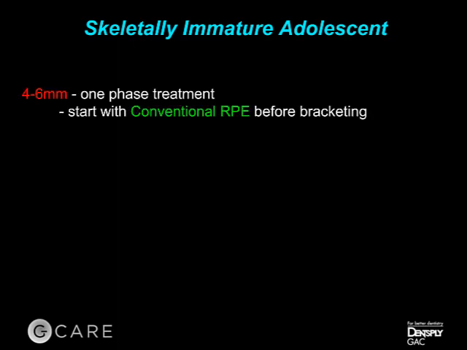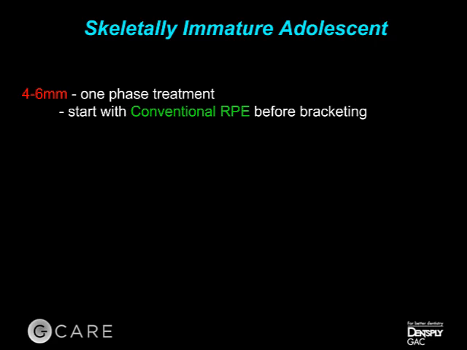So to this end, we've started to develop protocols based on what we see on skeletal maturity, immaturity, or in adult patients. So when we're looking at skeletally immature adolescents, these would be patients typically 8, 9, 10, 11 years old. If we do the measurement and we see that the discrepancy is between 4 to 6 millimeters, to us this is one-phase treatment.